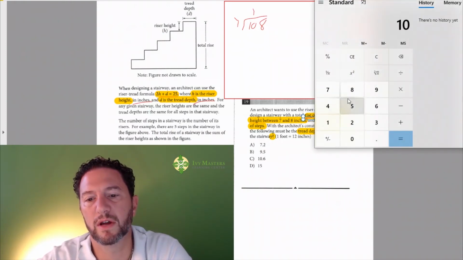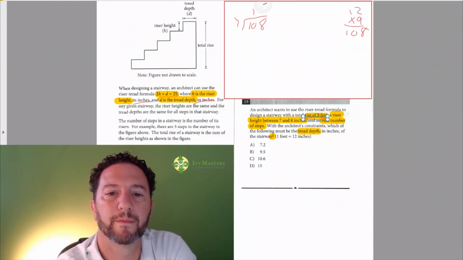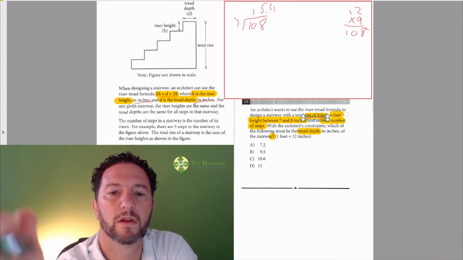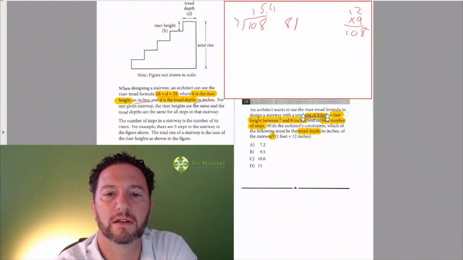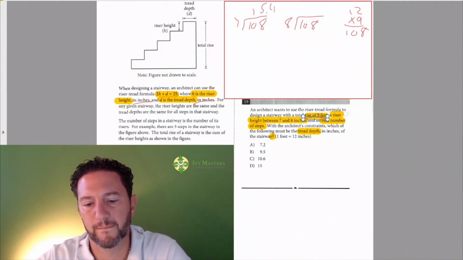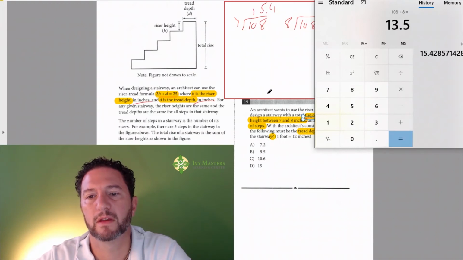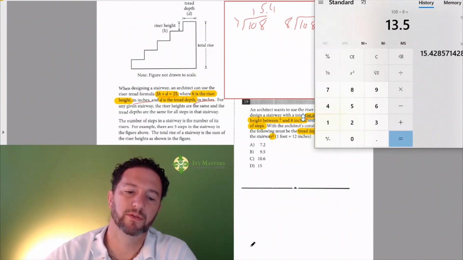So 108 divided by 7, and you wind up with 15.4. And then we divide 8 into 108. What do we get? 108 divided by 8, and we get 13.5.